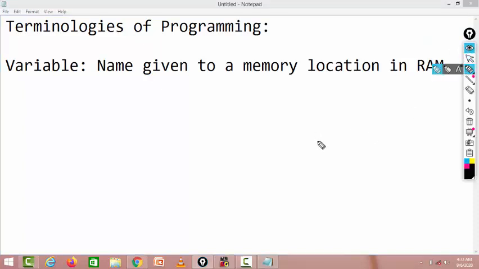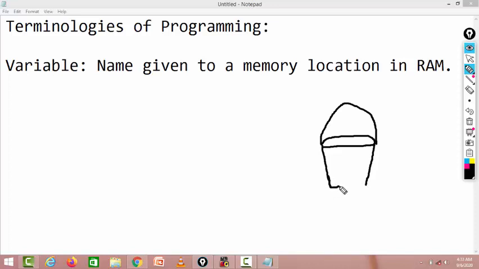Some people will say that a variable is a kind of thing that changes its value. Yes, it can change values, but it's a memory location, a name given to a memory location.